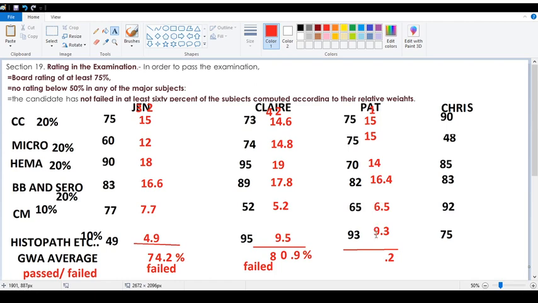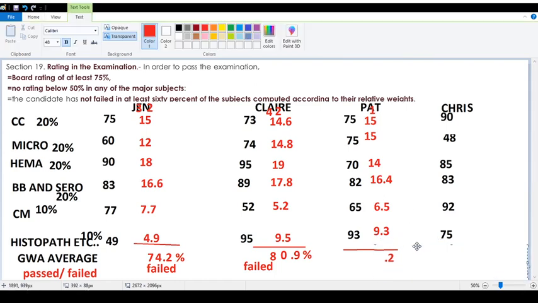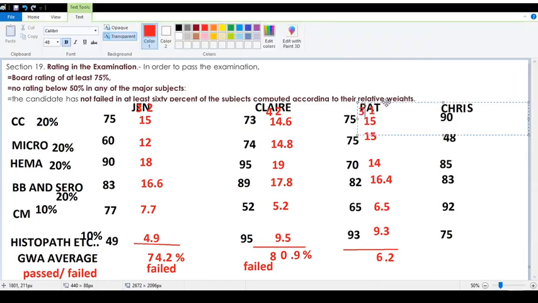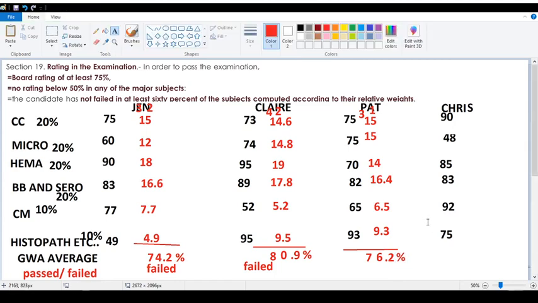Okay, plus 9, 28, 29, 30, 36. So, that is 3. Oh, it's like elementary, right? So that you have no excuse for not understanding it. 3, 4, 5, 6, 7. Oh, 76.2. Okay, let's double check if we got the computation right. 6.5.